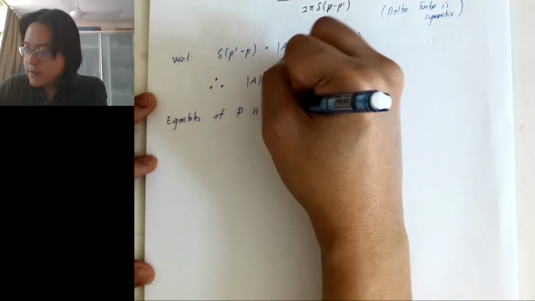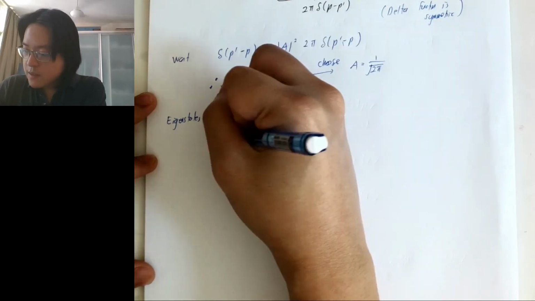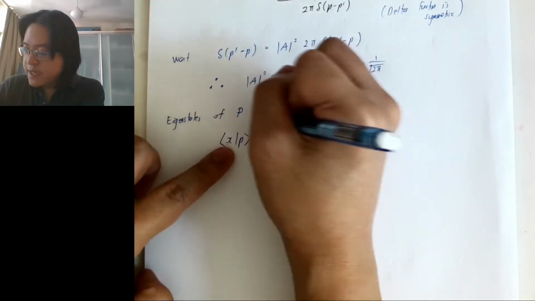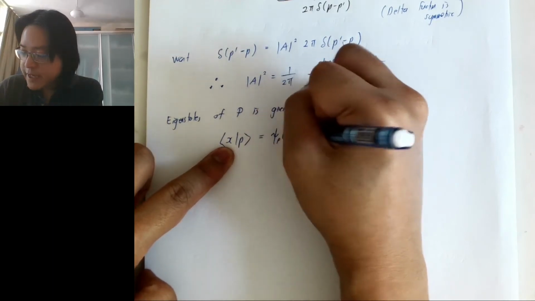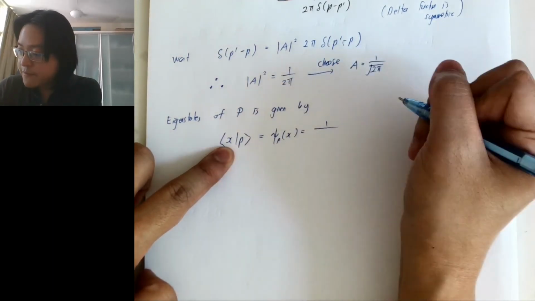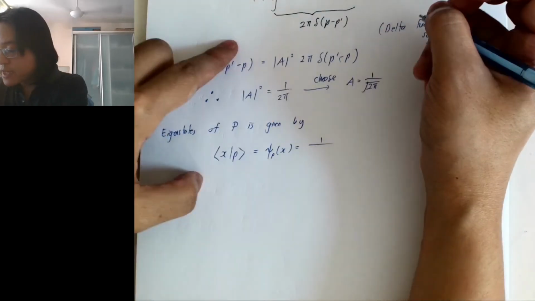This is given by, well, this is the p eigenstate, so this is the position representation of the eigenstate, and we have, hang on, I forgot the h bar.